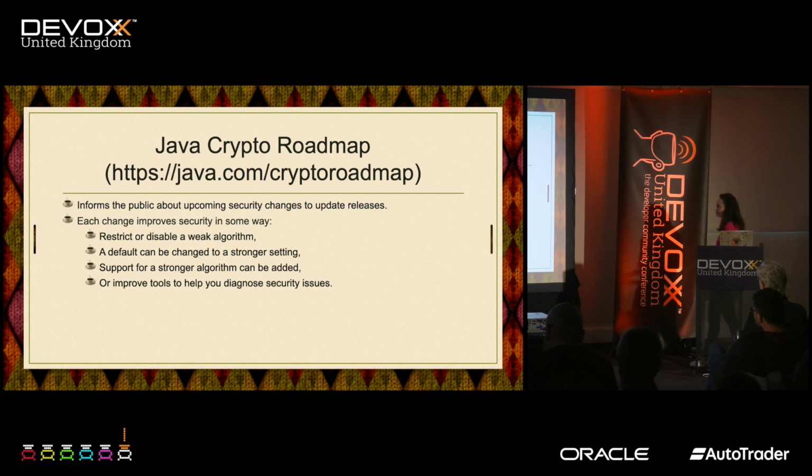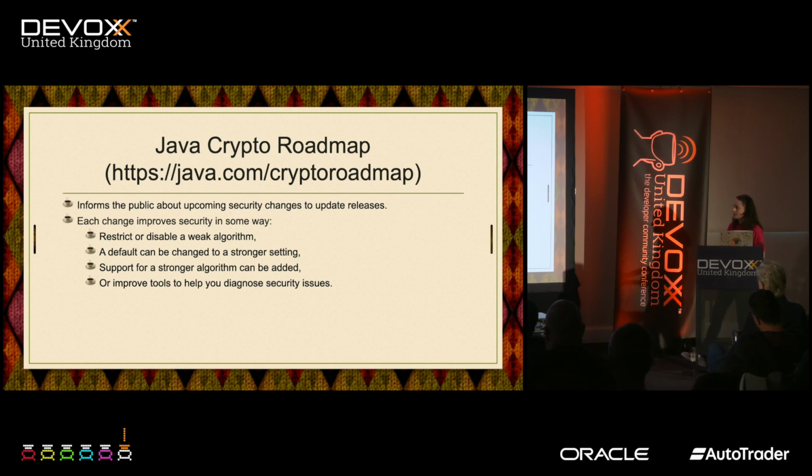This is the location where you can find all the details on how JDK security has evolved in the past years. That page is continuously updated because things change very fast, especially with security. It was created to inform everybody about the coming security changes in the update releases.